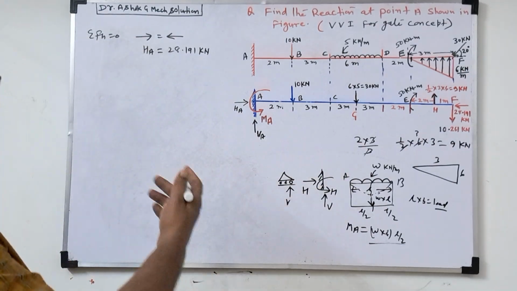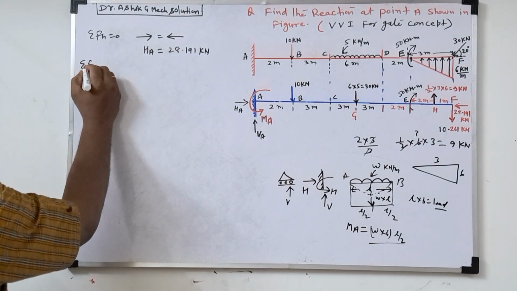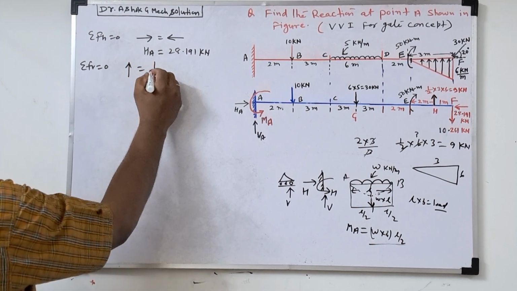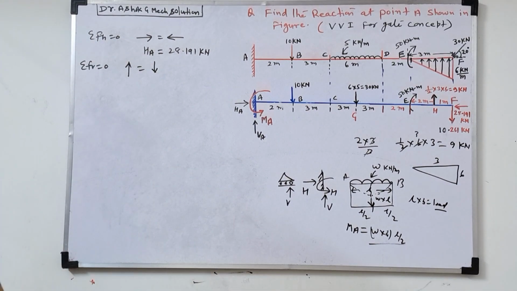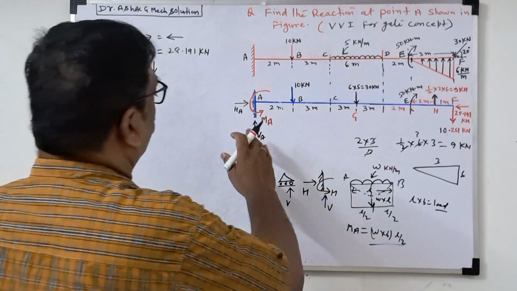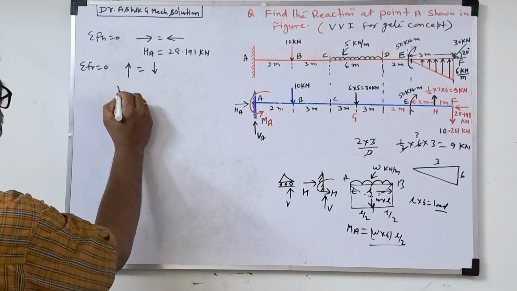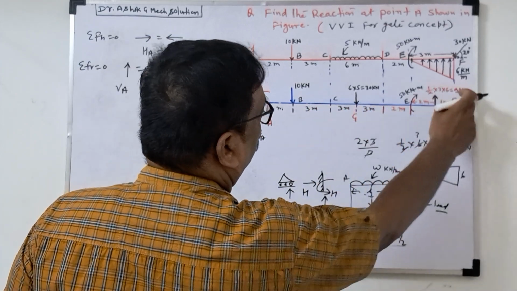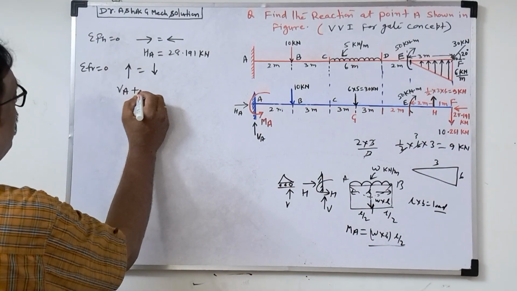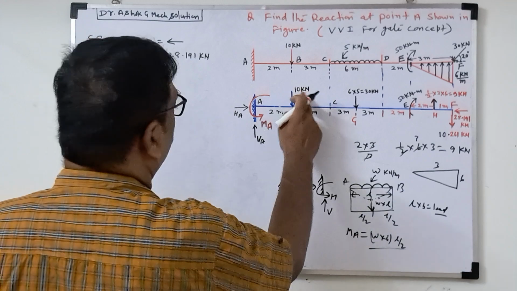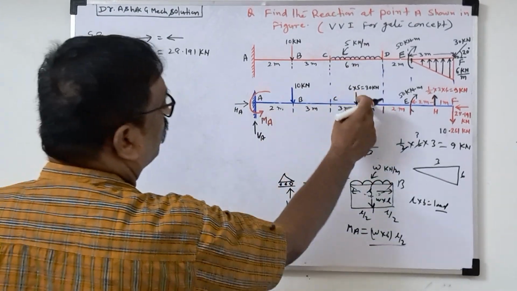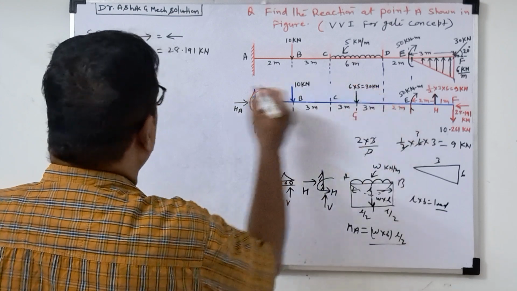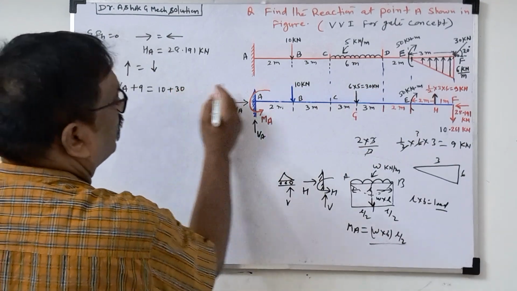Now again, sigma Fv equal to 0. That means we take total upward force equal to total downward force. Very simple concept, no negative, no positive. VA is going upward. Any other upward force? Yes, 9 kilonewton upward. Then downward force 10. Downward force 6 into 5, because this is a UDL load, is 30. Any other downward force?